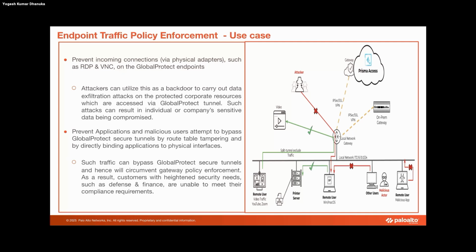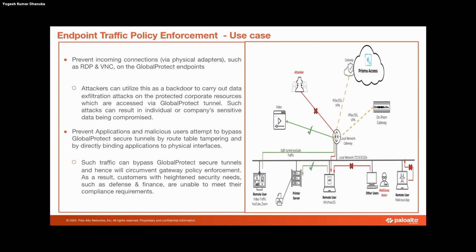For example, if you are on a public Wi-Fi network where you're connected to the Wi-Fi and there are a bunch of other users connected to the same Wi-Fi, just by the nature of being in the same network, another user or an attacker can run network scanners.